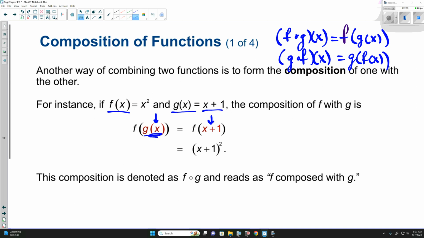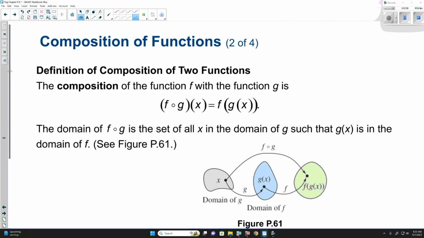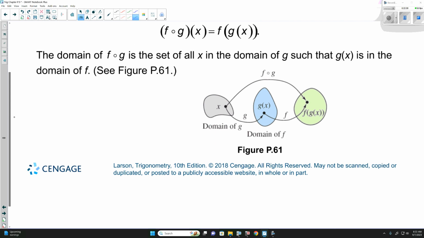Now we have f of x plus 1, which means every x in f of x has to be replaced with x plus 1, which gives us x plus 1 squared. And we call this a composite function. And what we're doing with a composite function is that I'm taking the value in the domain of x and finding its y.